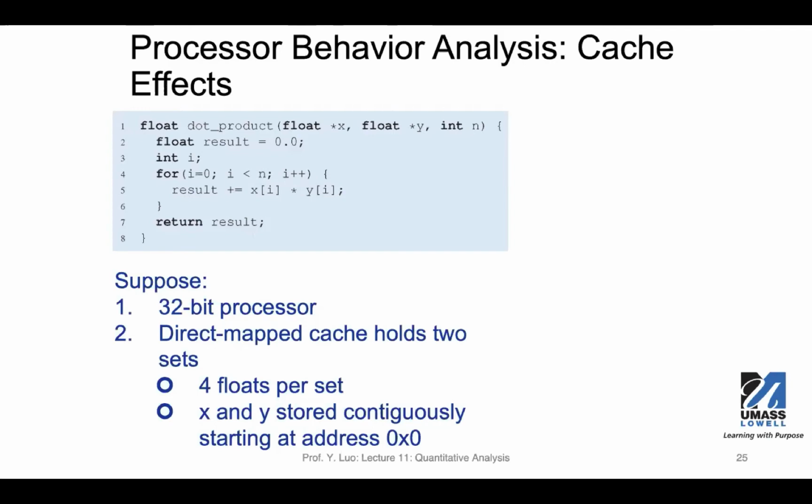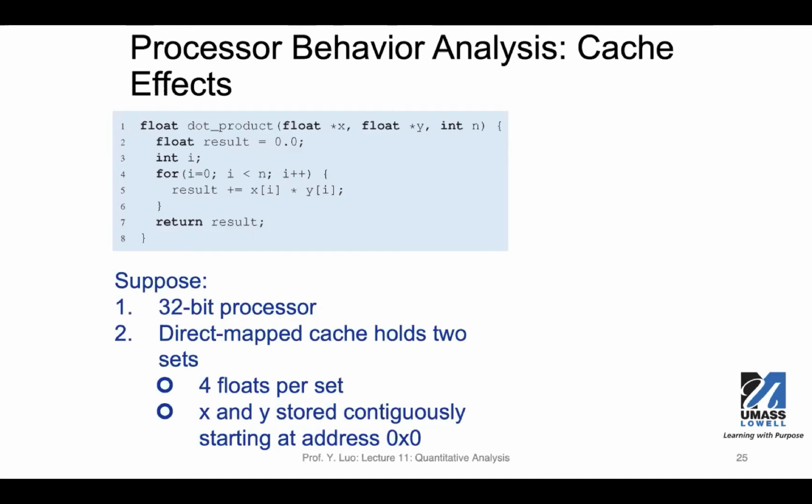Let's just suppose we run this function on a 32-bit processor. And this 32-bit processor has a direct mapped cache that holds two sets. So what we should not call it direct.